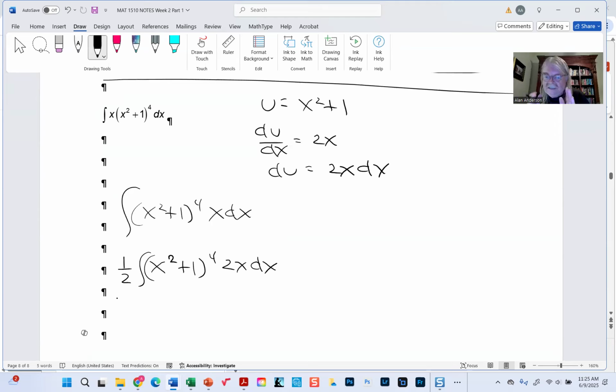So if you can tell, I've just multiplied the entire expression by a half and by 2, which means I haven't changed anything. But now all of a sudden, I have what I'm looking for because this is my du.